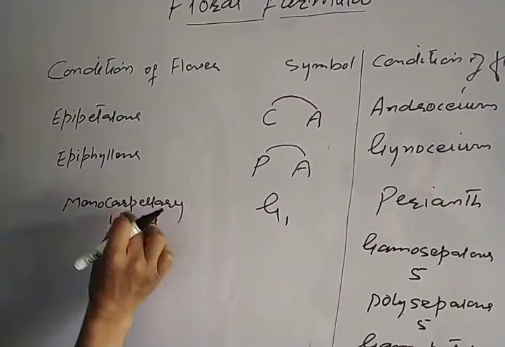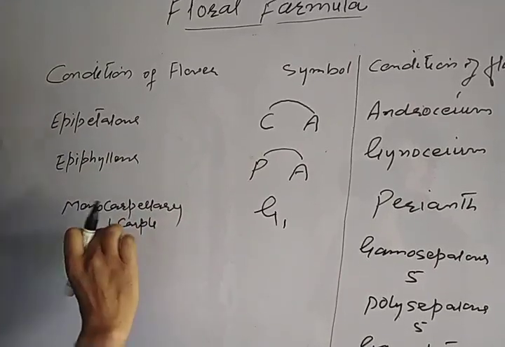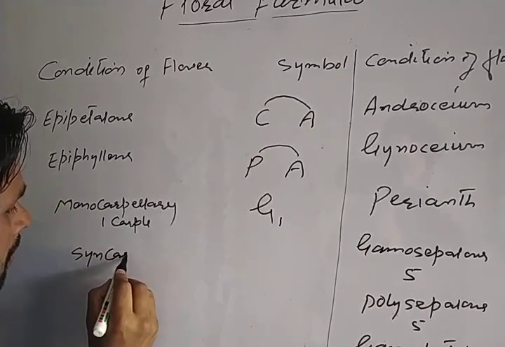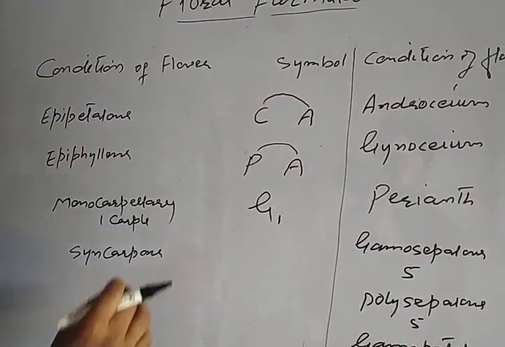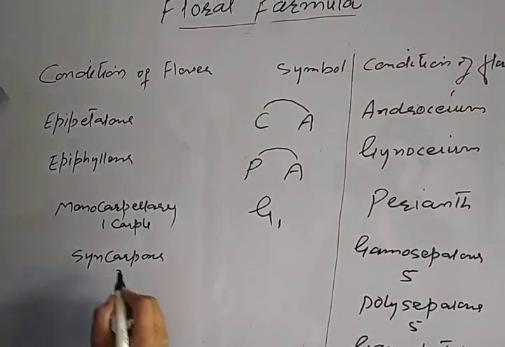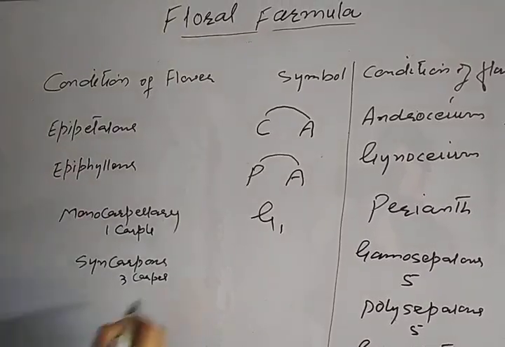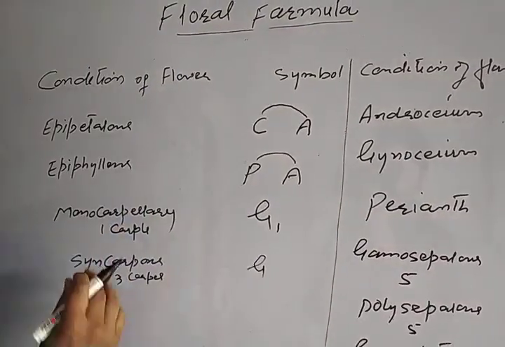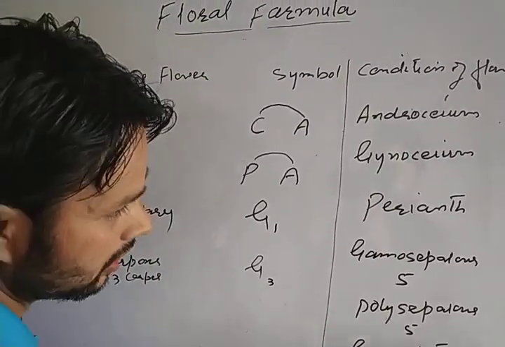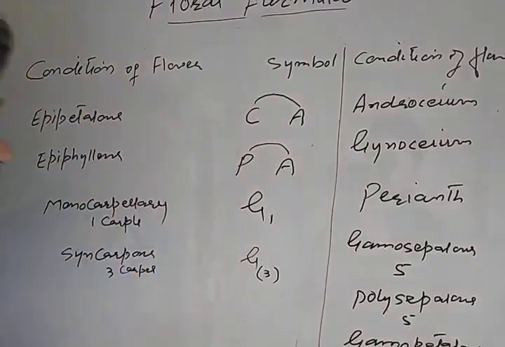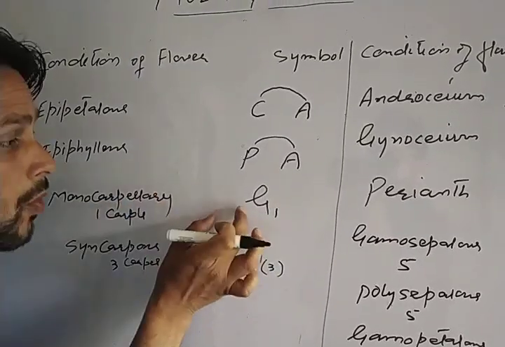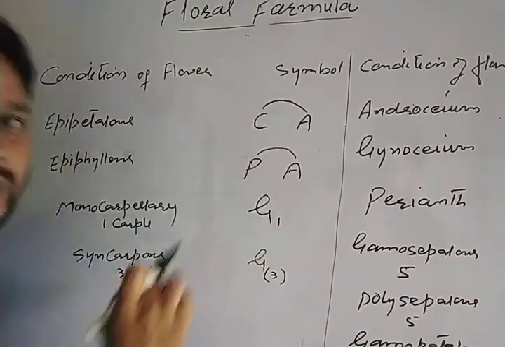But if the condition is syncarpous, syncarpous means carpels are fused. Suppose there are three carpels. We can write gynoecium 3, but they are fused. Syn means fused, so we write a bracket here. This is the syncarpous condition, and this is the monocarpellary or apocarpous condition.